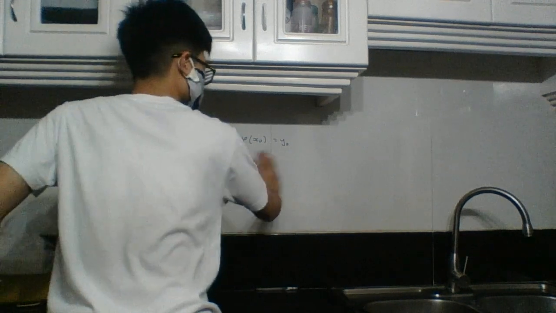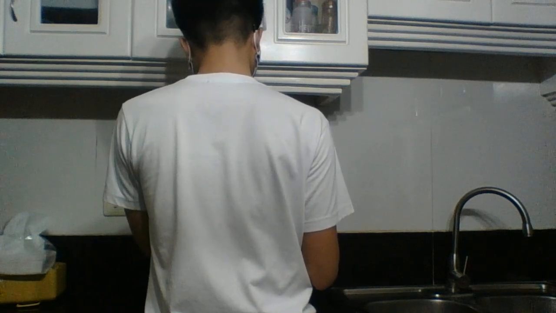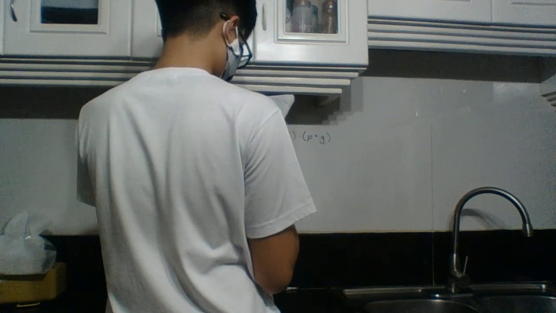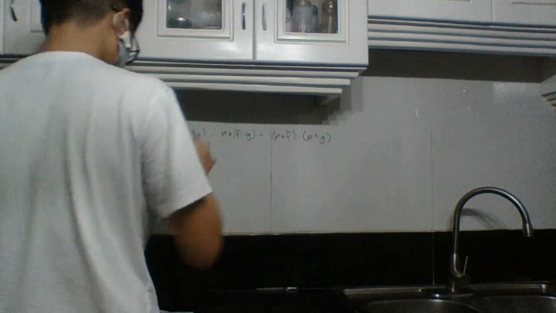Yeah, two new loops inside this fundamental group, f and g, inside this pi of x at base point x0, such that, well, phi composed with f concatenated with g is equal to phi of f concatenated with phi composed with g.